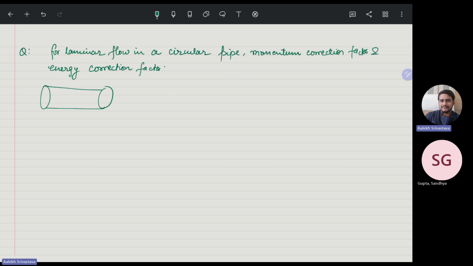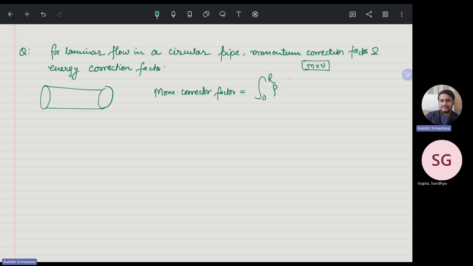So momentum correction factor is, you have actual momentum that is transferred, divided by the average momentum. So from 0 to r, it is mass into velocity. This is momentum.